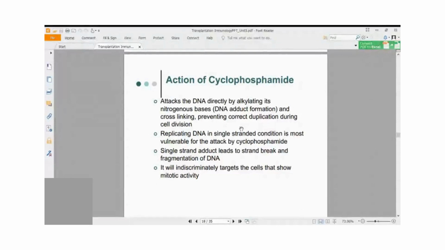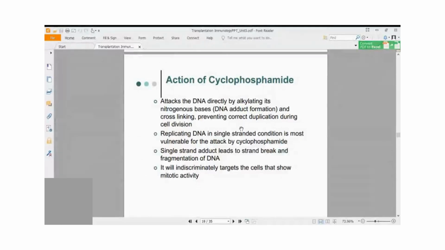Thereby, it will suppress the immune response by interfering at the bone marrow level, or by interfering with the T cells and B cells which were activated against a particular antigen. They were prevented from dividing now. Why? Because DNA adduct is formed in those cells, and those cells will be undergoing apoptosis, dying, and it acts indiscriminately.